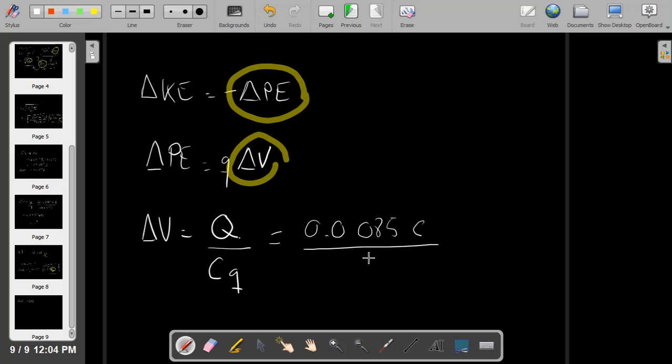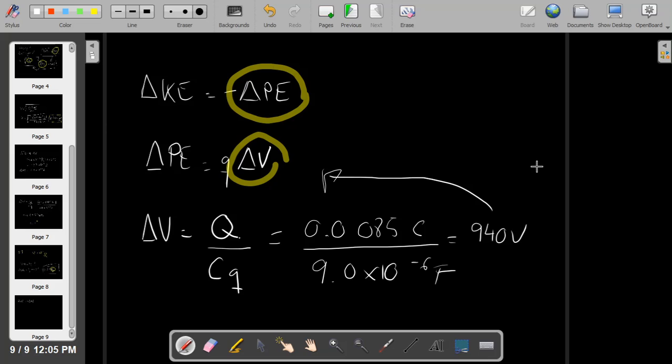Divided by what? The capacitance was given to you. So just find the number. 9.0 times 10 to the minus 6 farad. Put it all in your calculator, and you should find a change in electrical potential of 940 volts for that capacitor. Now that we have this, we can put it in the other formula.